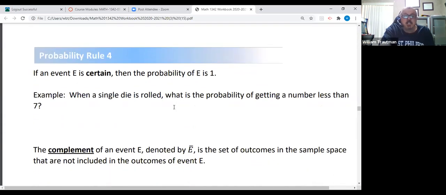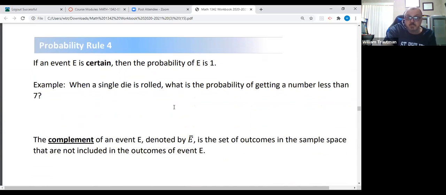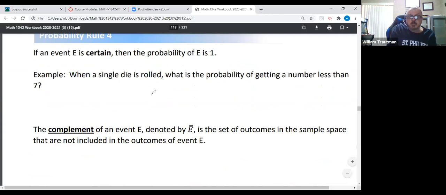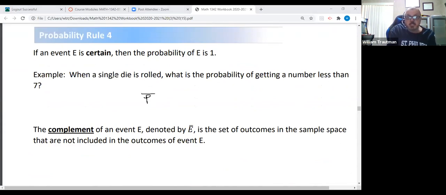Once again, if you're absolutely certain it's going to happen, the probability equals 1. When rolling a single dice, what's the probability of getting a number less than 7? There are 6 numbers on a dice, and all the numbers on a dice are less than 7. 6 out of 6.